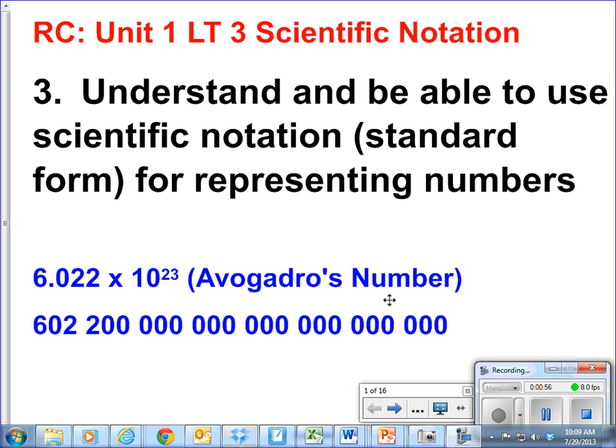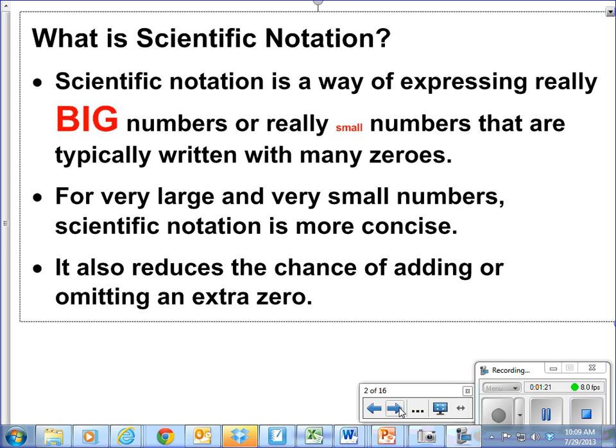Now you can see below that this number is expressed in standard form, and that's a whole lot of zeros to write. What are the chances that you might make a mistake and either omit or add an extra zero? Probably pretty high. So scientific notation is used to express very large or very small numbers, such as Avogadro's number.